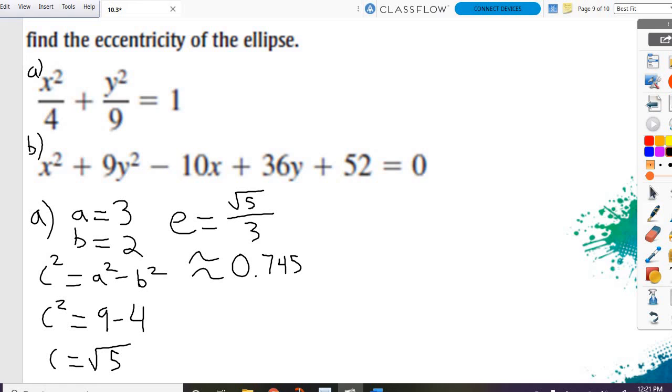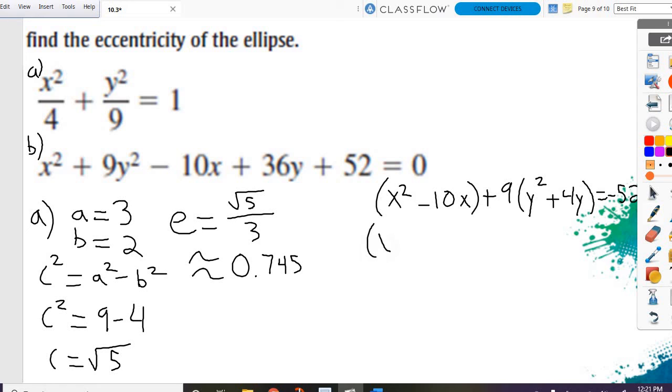Now, on our second one, what are we going to have to do first, before we can find any of our stuff? Put it in standard form. So I have to move my negative 52 over, factor out my 9, then we would complete the square with each of our variables.